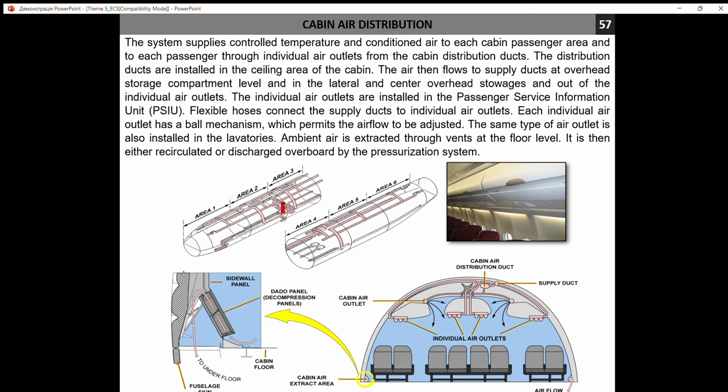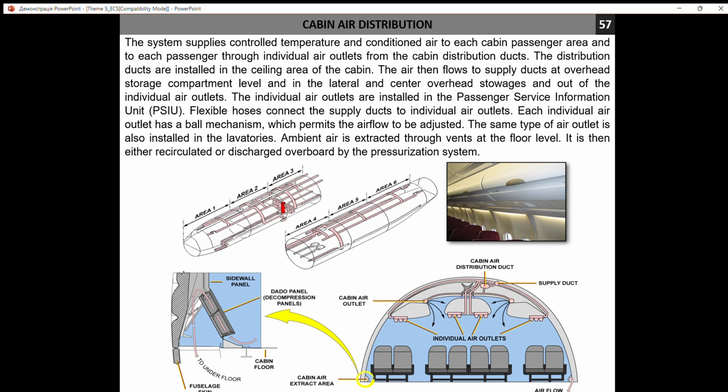What about the cabin air distribution? The main problem is to redistribute the air proportionally to the volume of the fuselage along its structure. And for this reason, you may see that there are a number of manifolds that are used for the air redistribution.